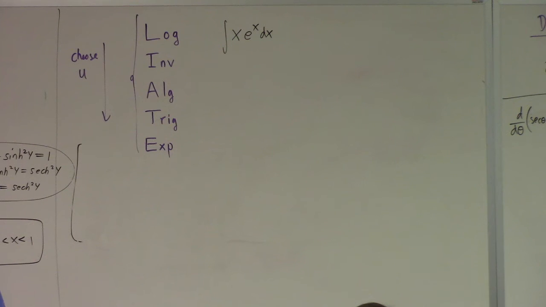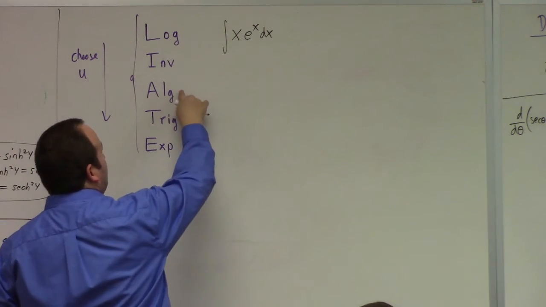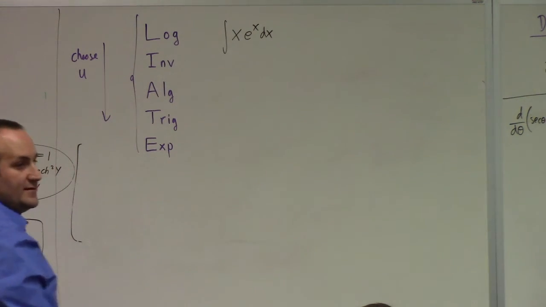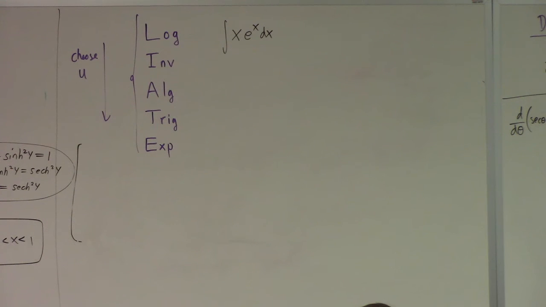You guys wouldn't see exponential and think inverse function. There might be 2 or 3 of you in here who are wired wrong like that. You might be a math major. Then algebraic. Aha! x is algebraic. So that's why we chose u equal to x. It's fairly hard to find examples that don't fit the overarching guidance of LIATE.